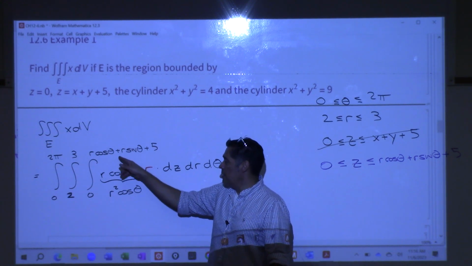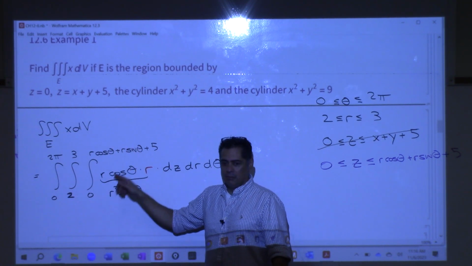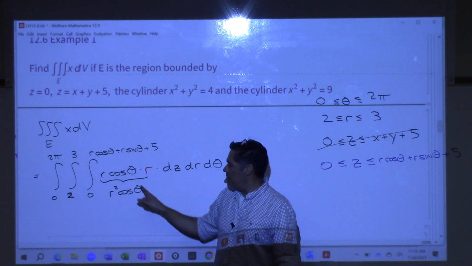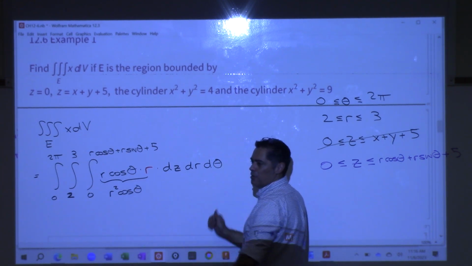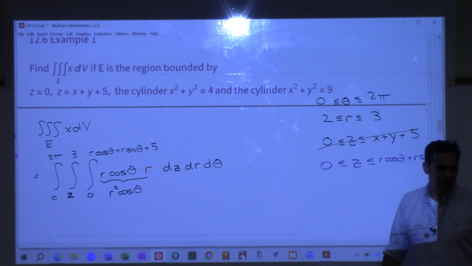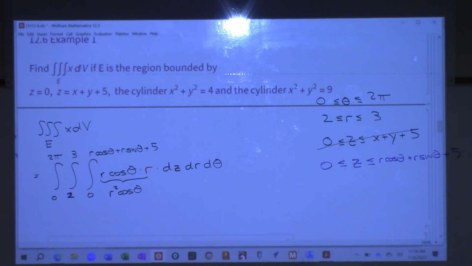Then you plug in and distribute through, and that looks like a whole Cal 2 bunch of cosines and sine squared, cosine squared, and so on. Okay, we've got the integral set up.